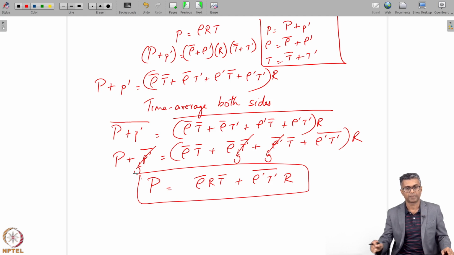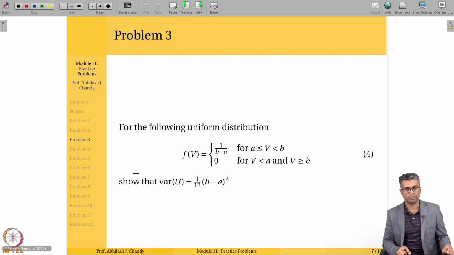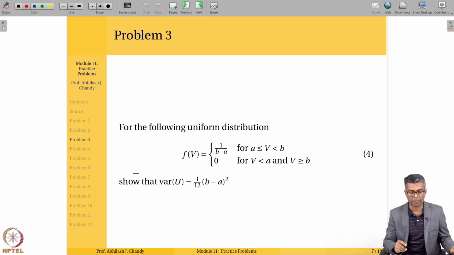All right. Okay, let's go to the next problem. This has to do with PDFs, probability density functions. Problem number 3. For the following uniform distribution, f of v is equal to 1 over b minus a for a less than or equal to v less than b, and 0 for v less than a and v greater than or equal to b.